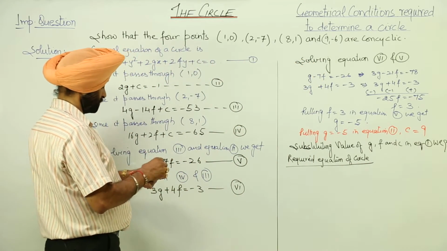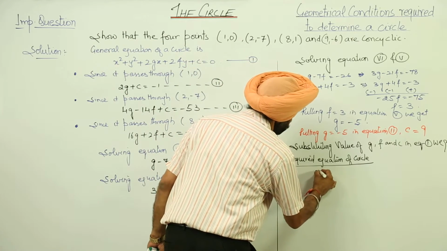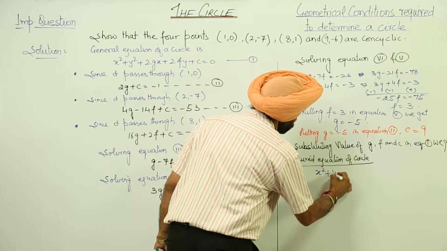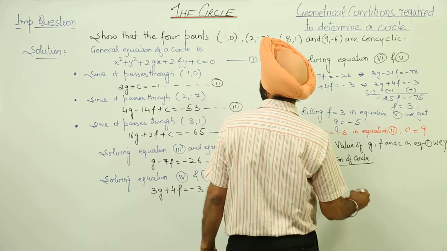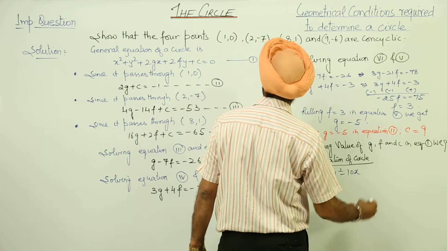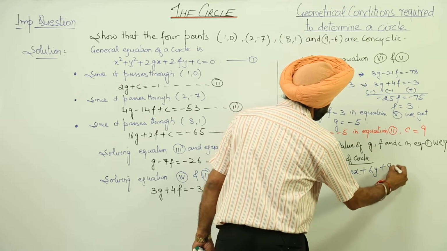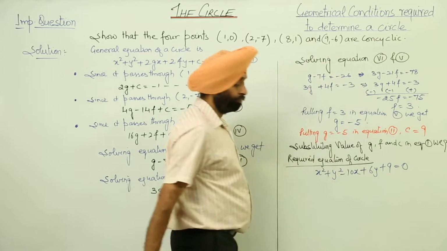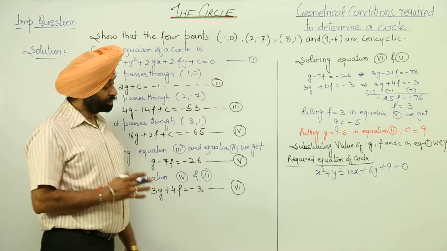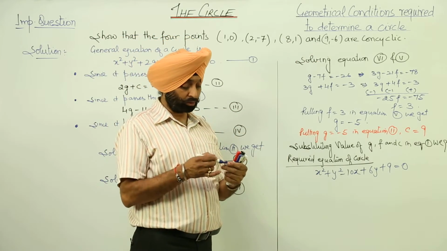Now we are having x square plus y square negative of 10x plus 6y, and c is 9, is equal to 0. Now this is the equation of a circle. Now we have to show that all the 4 points are concyclic.